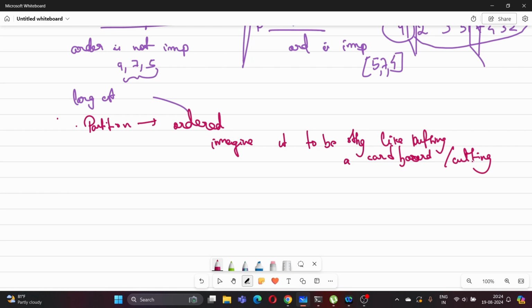Now we are thinking that things are there, 2, 5, 11, 3, 9, 7, some sequence. We also understood that we need to think like we have put a partition, so basically separating these two, separating these three if I want.